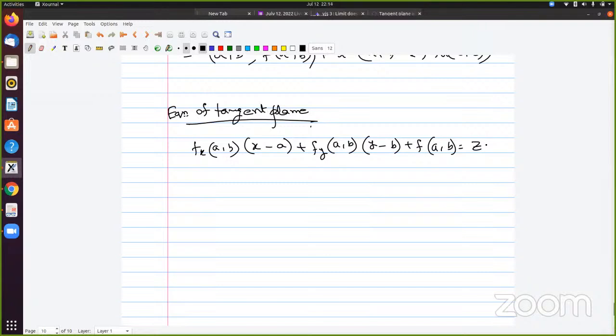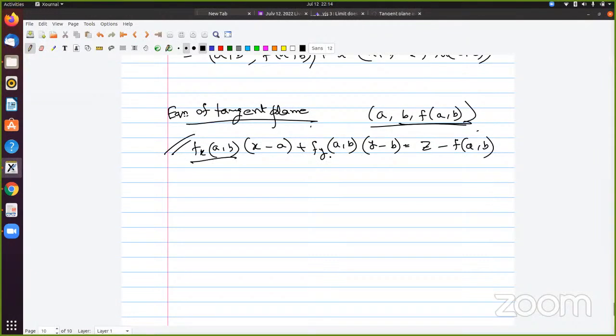This is the equation of the tangent plane. Or you can write this on the other side, that depends on choice, z minus f(a, b). Basically the tangent plane should also pass through these points, so (a, b) and suppose this is c, what is f(a, b)? The tangent plane should pass through these points, and it will be the equation of the plane, so it should be two-dimensional. That's how the equation of the tangent plane will come like this.